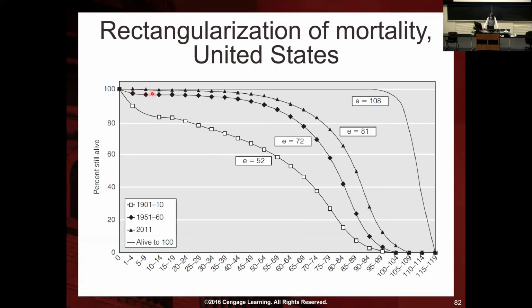And then we got better, mortality declined, then life expectancy in all age groups increased compared to the previous years. So this one here is from 1951 to 1960. And here we have for 2011. What we see here is that because mortality has been declining in all the age groups, the life expectancy in all these age groups starts to increase and starts to get a more rectangular shape.